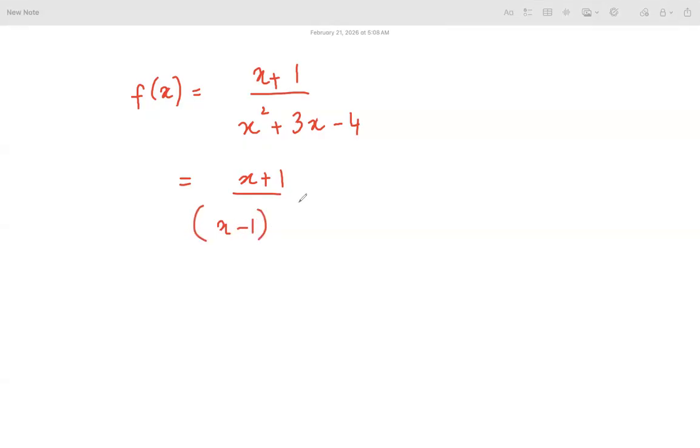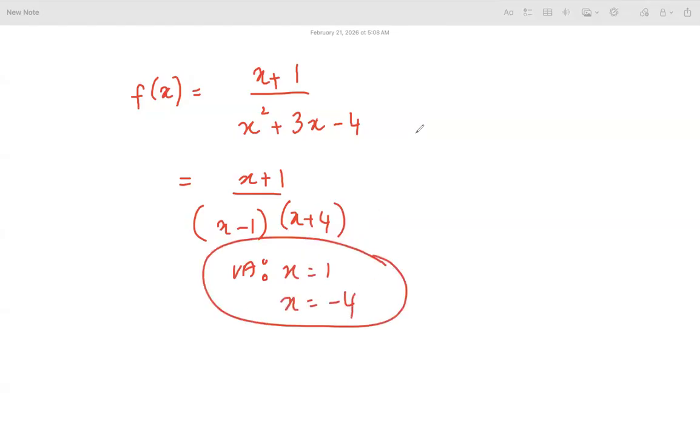Oh, that seems right. So this one is correct, right? So here the vertical asymptotes are at x equal to 1 and x equal to -4. Does that make sense? So the graph would have x equal to 1 and x equal to -4.